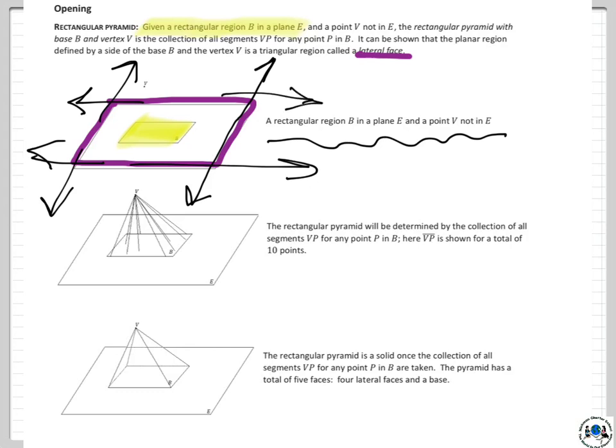In that plane, this point V is not in that plane.